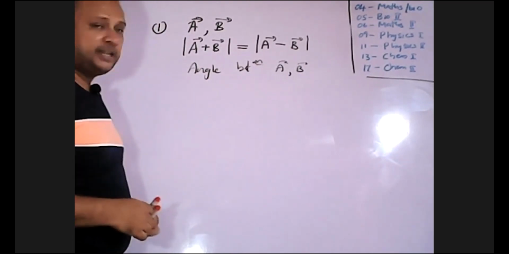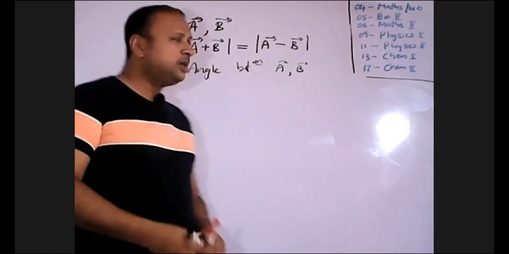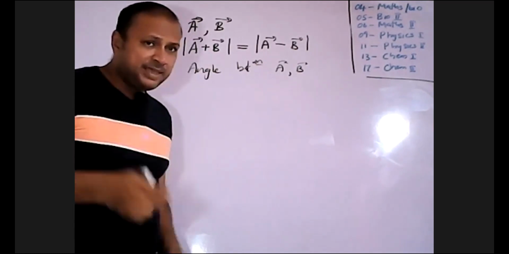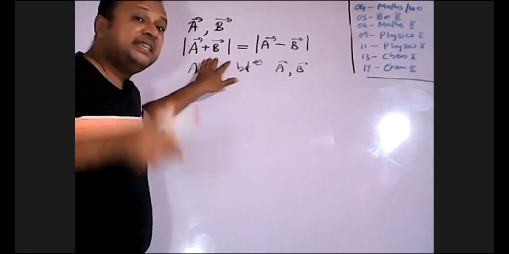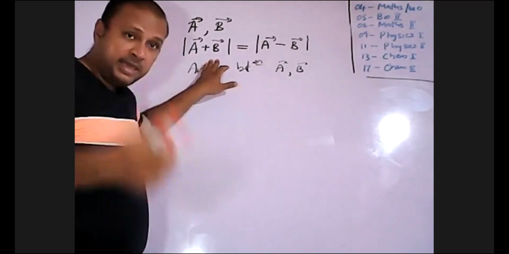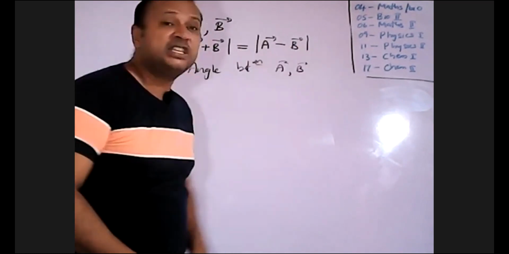In order to do that, you have to have a clear idea about A plus B and A minus B. What is A plus B? A plus B means it is R, where R means the resultant vector. This is the resultant vector. This is the difference vector, no?